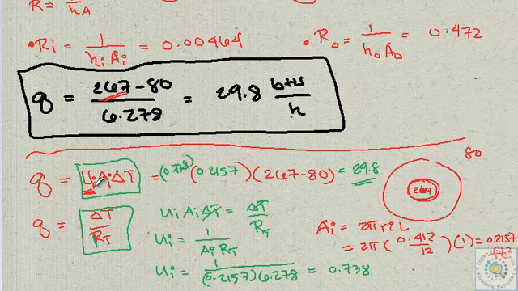The only thing preferable with this approach is that there are already a lot of tabulated values of the overall heat transfer coefficient for some practical engineering devices. Okay, and that's it. Thank you.